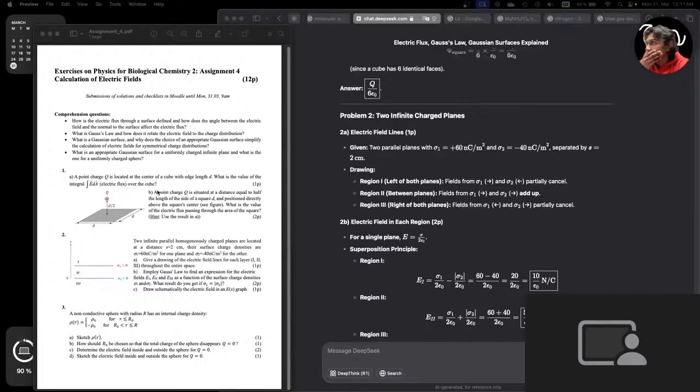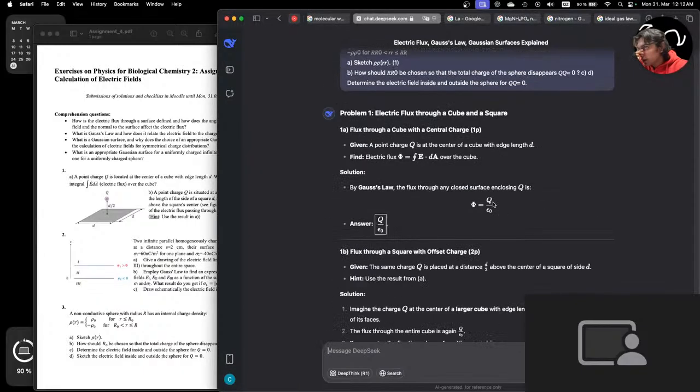A point charge Q is located at the center of a cube with edge length d. What is the value of the integral of E dot dA, the electric flux over the cube? Okay, the point charge. So what do they do to find the electric flux?